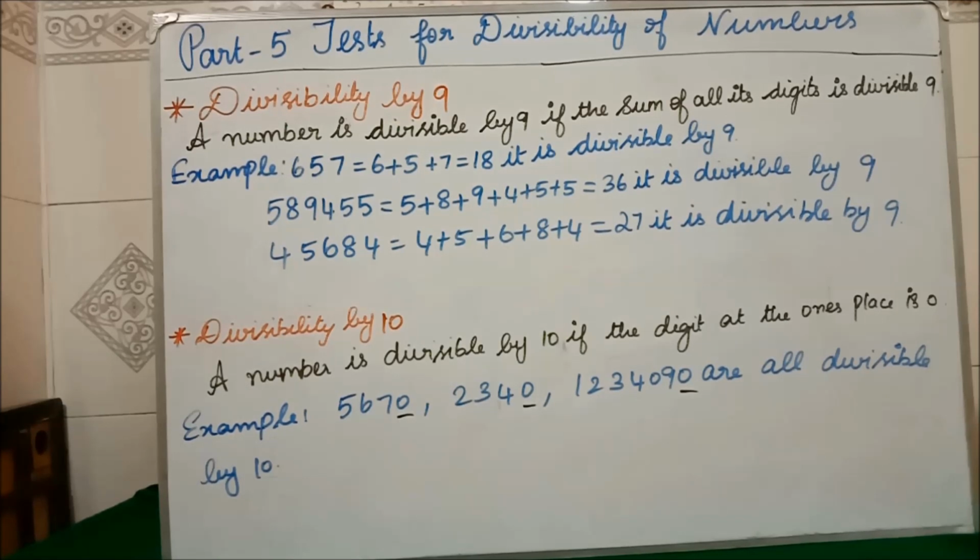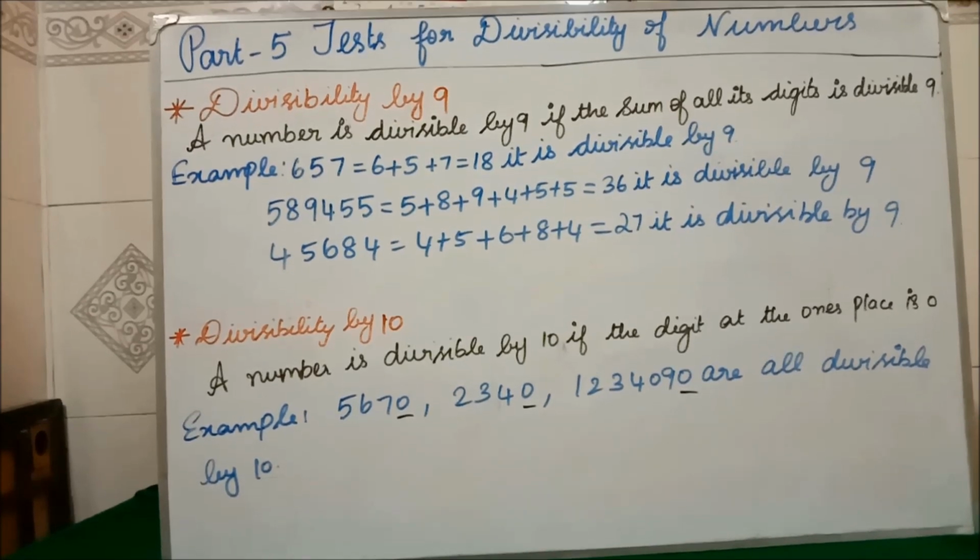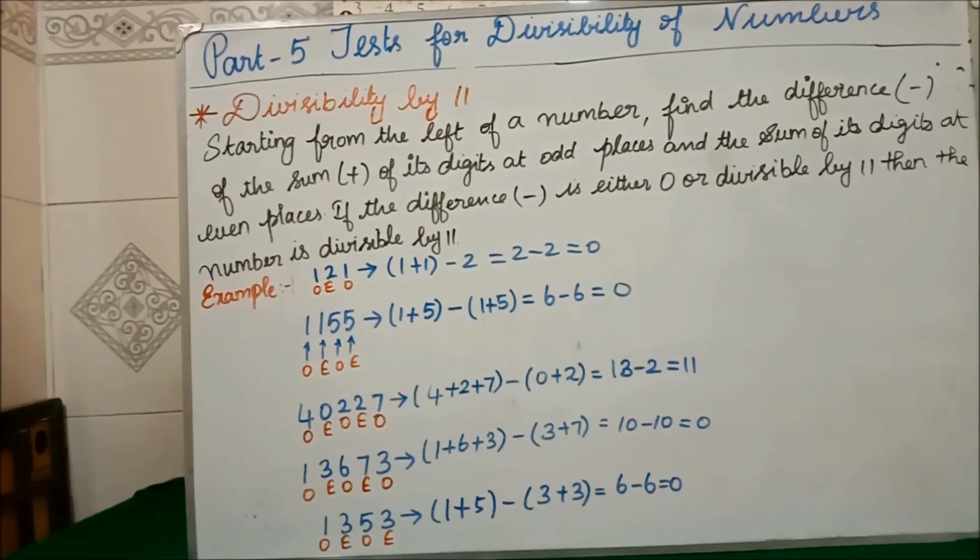Now we'll see divisibility by 11. Okay, students, there is a small trick in this. You listen to the trick carefully. Okay, what is it? Starting from the left of a number, find the difference. Difference means, as I told, in mathematics, subtraction.